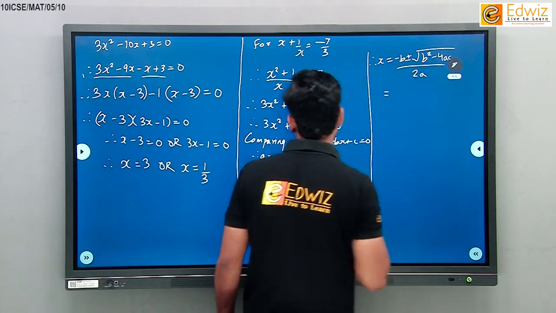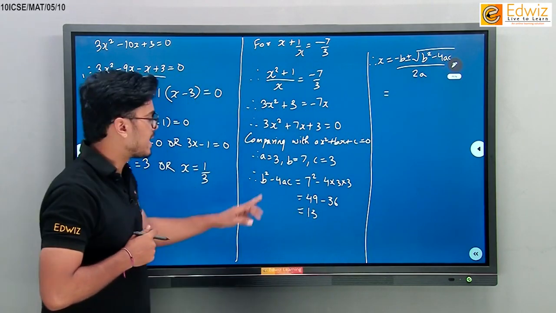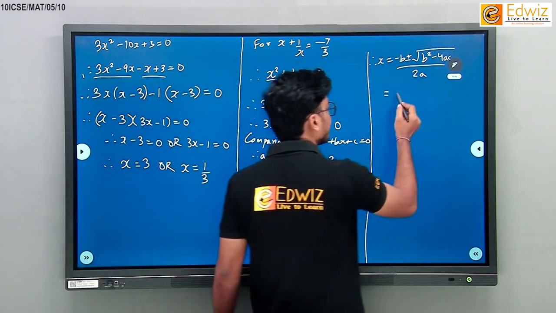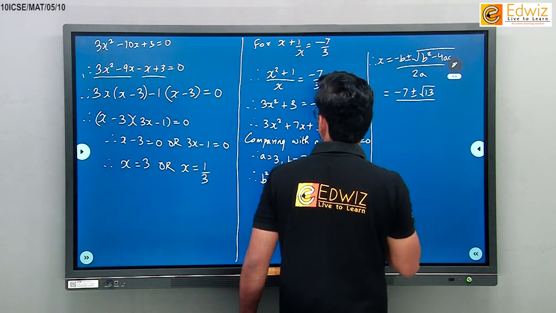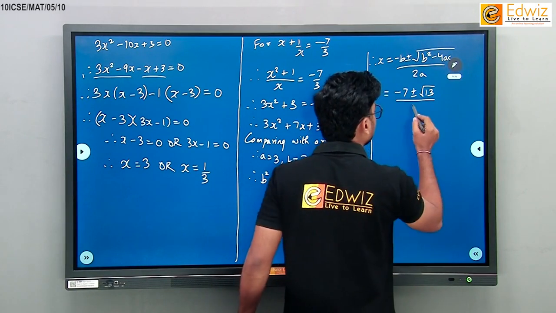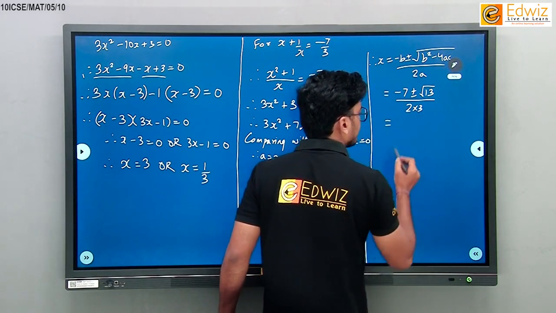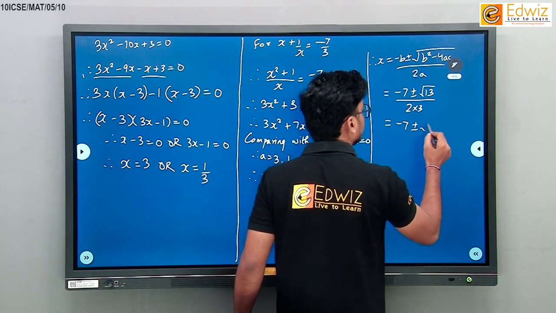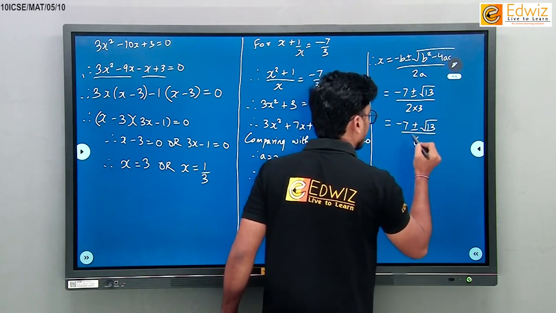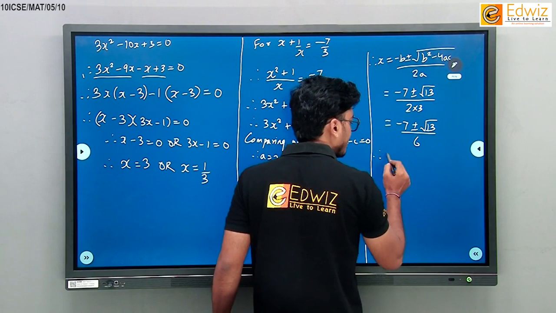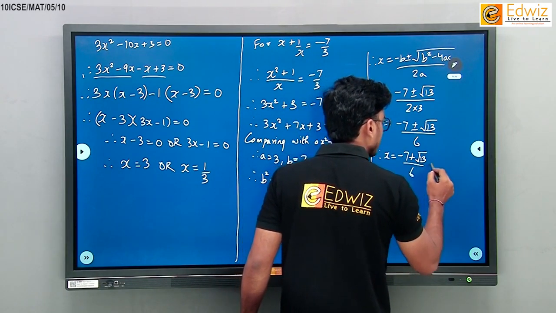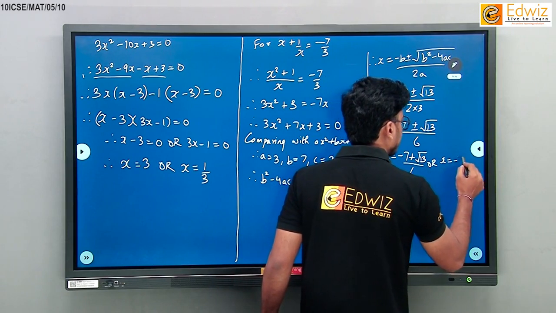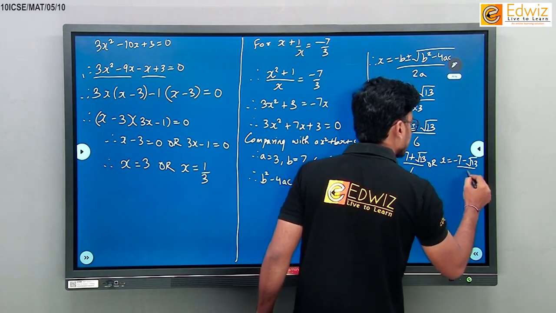Minus b here will be minus 7. So minus 7 plus or minus root 13 divided by 2 multiplied by 3. So 2 multiplied by 3 is 6. So the two values of x from here are minus 7 plus root 13 by 6 or minus 7 minus root 13 by 6.